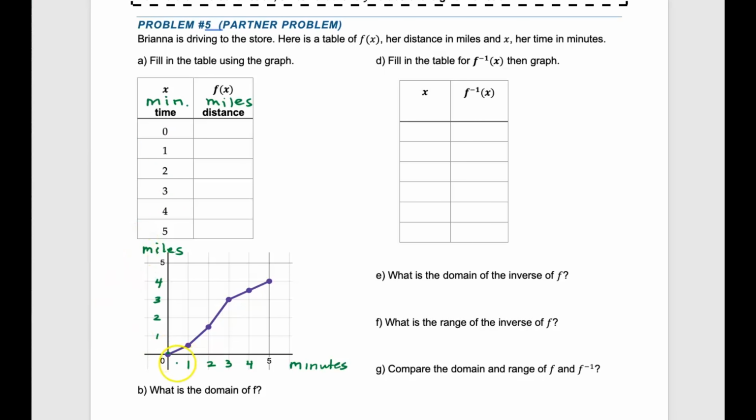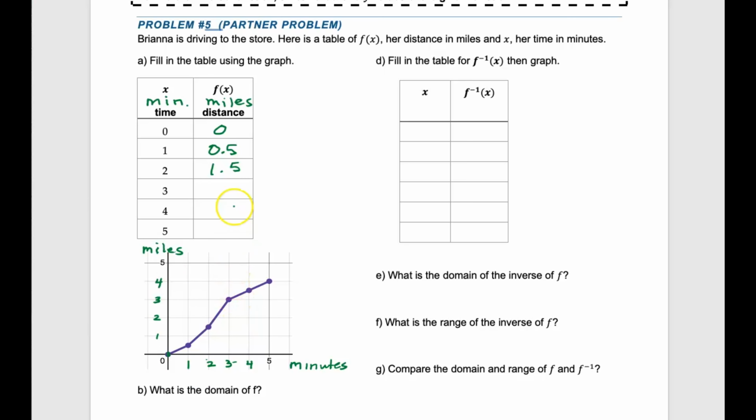We can see at time 0, her distance is also 0. She hasn't left yet, so that's when she gets started. At 1 minute, we read the graph here, it looks like she's about 0.5 miles. At 2 minutes, it's between 1 and 2, so let's call it 1.5 miles, approximately there.